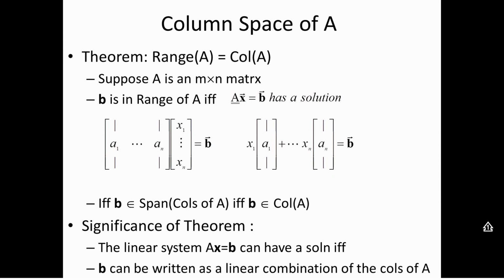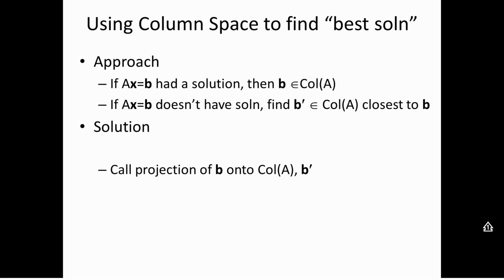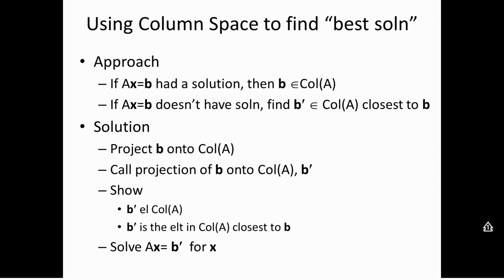So how are we going to use this information to get a solution? We still haven't gotten anywhere in this problem, right? Well, here's the outline of what we're going to do in the next video. We're going to say, if Ax equal to b had a solution, then b would be in the column space of A, and we wouldn't have any problem. We could find that by whatever method we wanted, LU decomposition, Gaussian elimination, whatever.